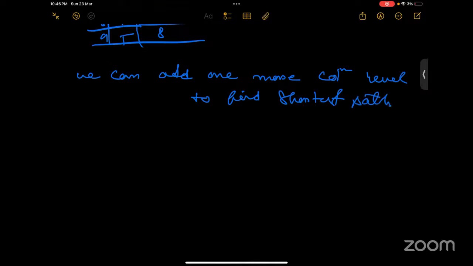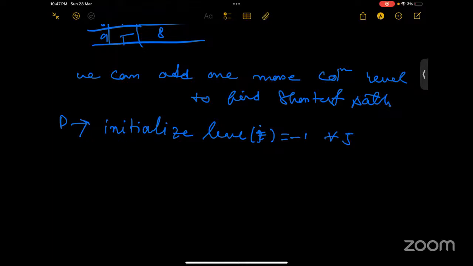So the level initialization will be -1 for all j. That means for all vertices, the initial level will be -1 and the level of the source will be 0.